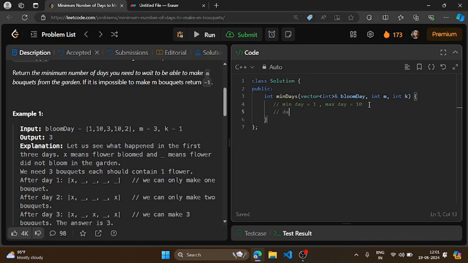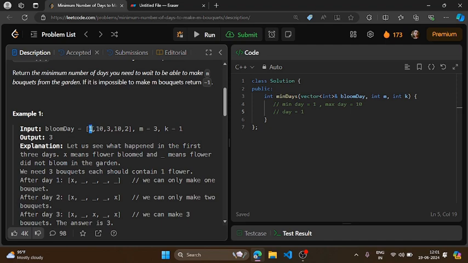Let's say I'm starting from day 1. On day 1 I will check if it is possible for me to make m bouquets of k size. Here k equals 1, so basically we have to make bouquets of one flower only. So let's start from the very first element.